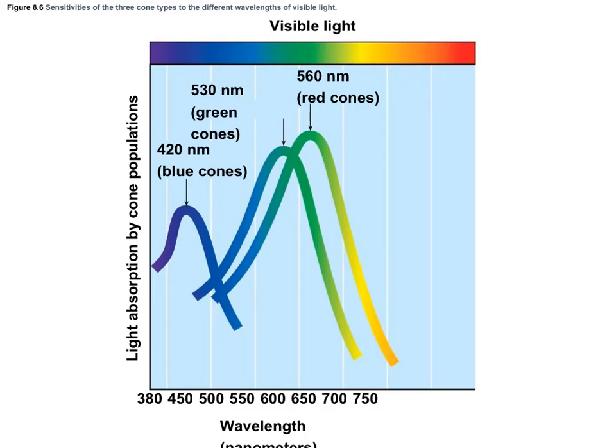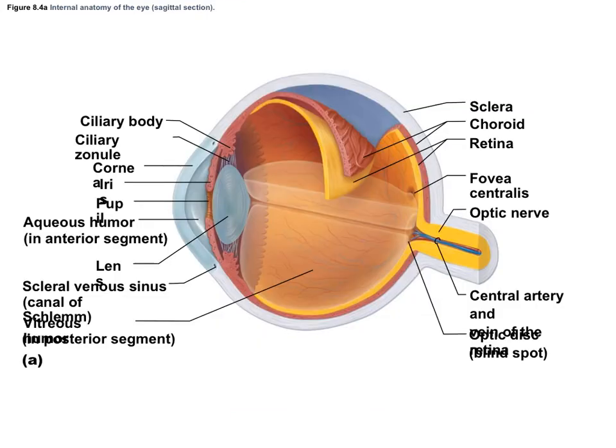Okay, so that's the sensory layer, but light passes from the outside, through the pupil, through the lens, and actually gets flipped, and then it is absorbed on the retina.